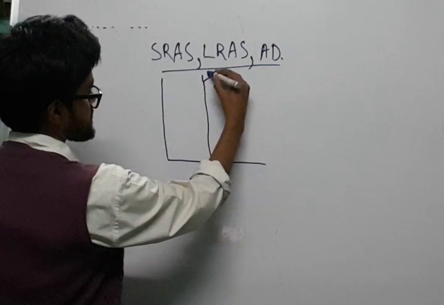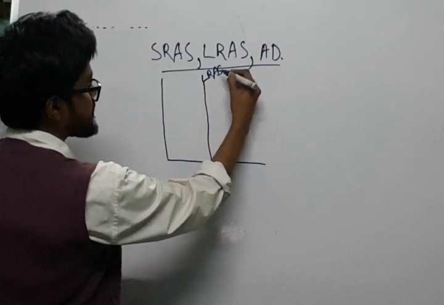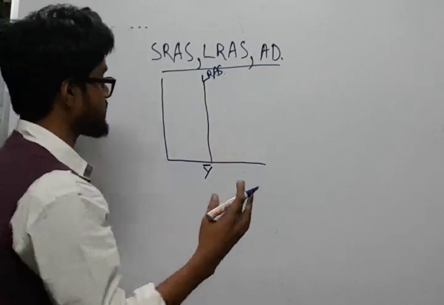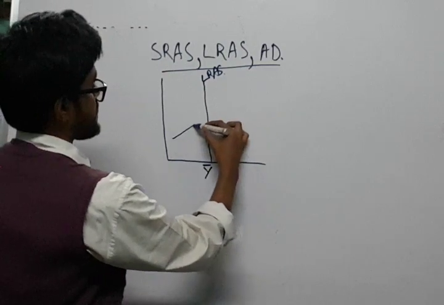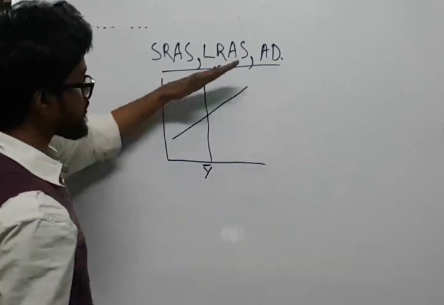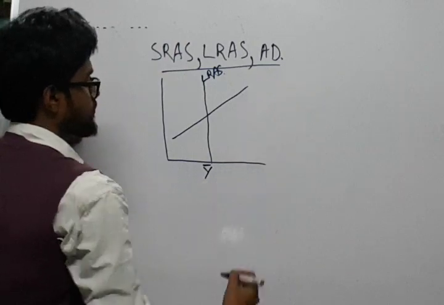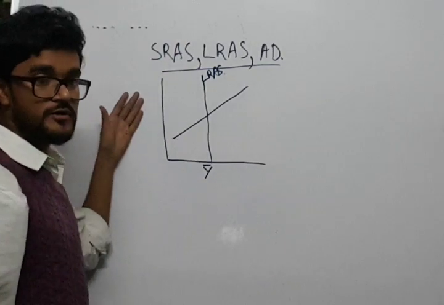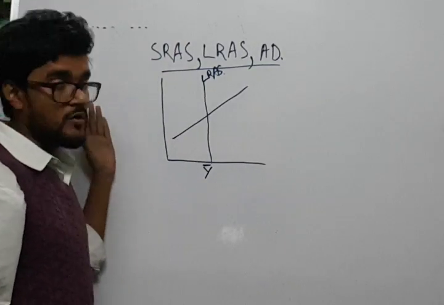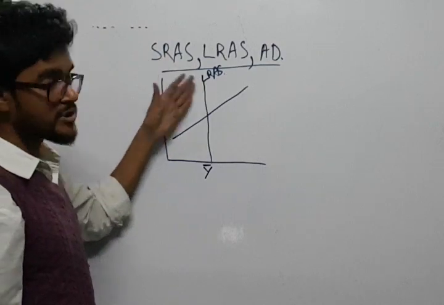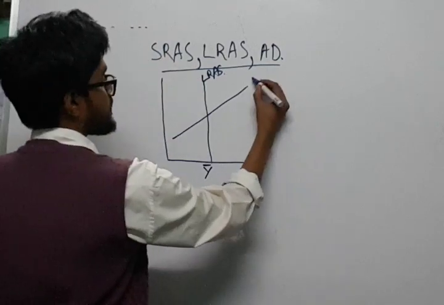So, it is said to be the long-run aggregate supply curve. In the short run, the aggregate supply curve is upward sloping. To have a better understanding of this model, you can watch our previous video on the short-run aggregate supply curve.